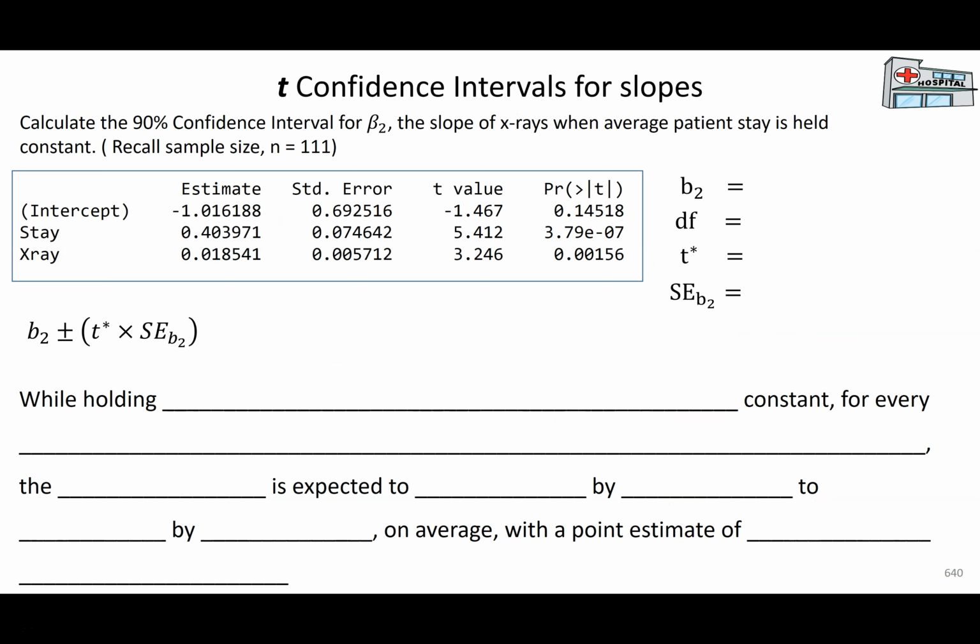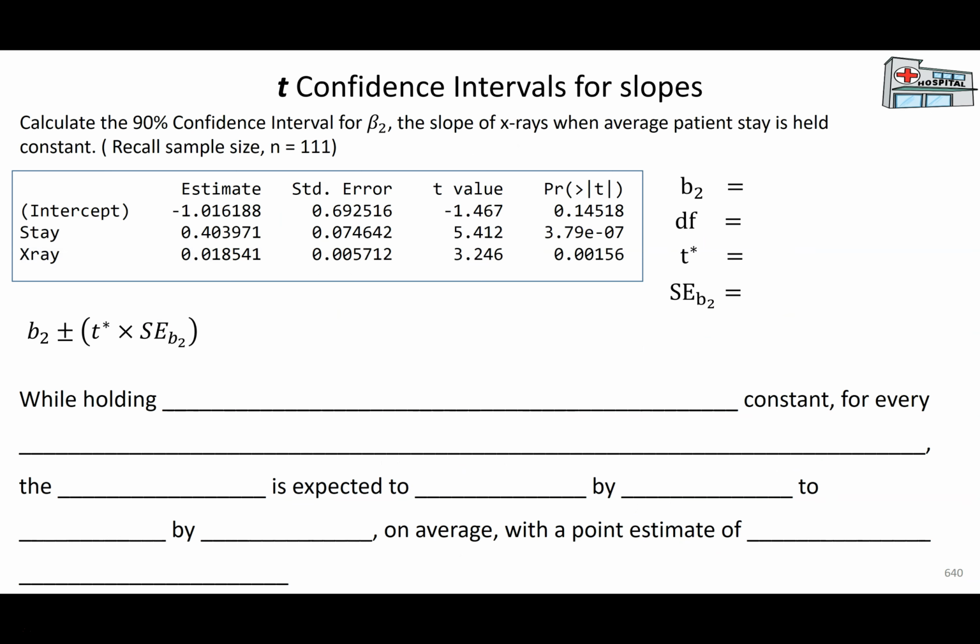So once again, we can absolutely do confidence intervals here. Suppose I want to do a confidence interval for the slope for x-rays. So remember this 0, 1, 2. I am going to need information from here. Looking here, my degrees of freedom are 108.